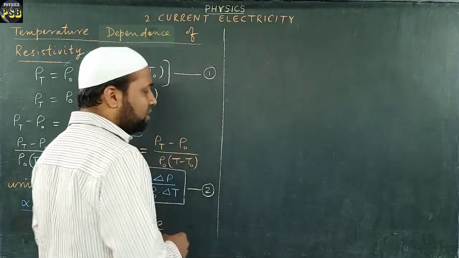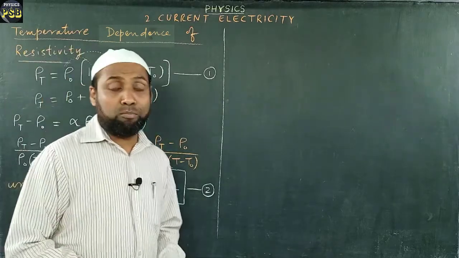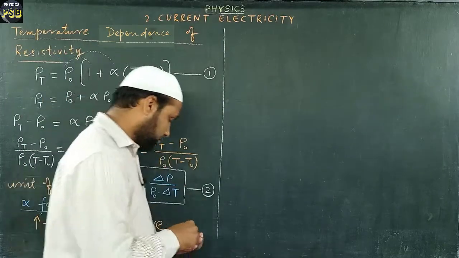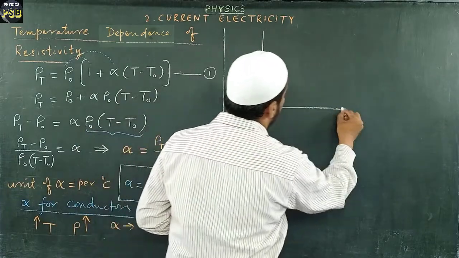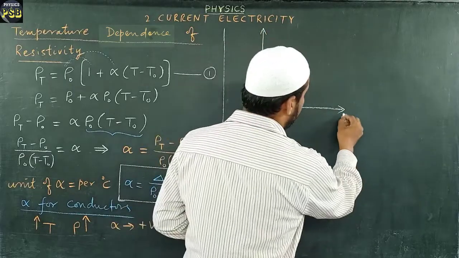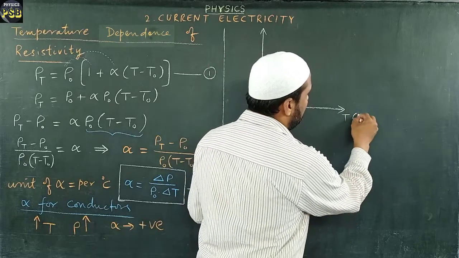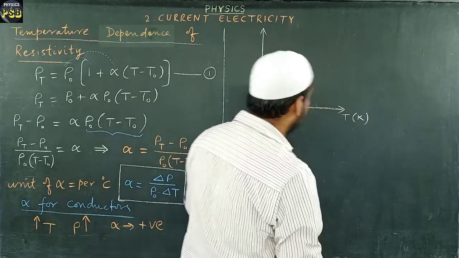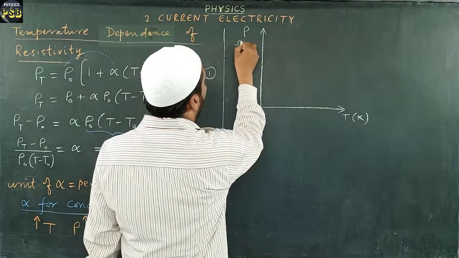So this variation in resistivity with temperature can be shown with the help of a graph. I draw a graph between temperature taken along x-axis in Kelvin and resistivity. The unit of resistivity is ohm meter.